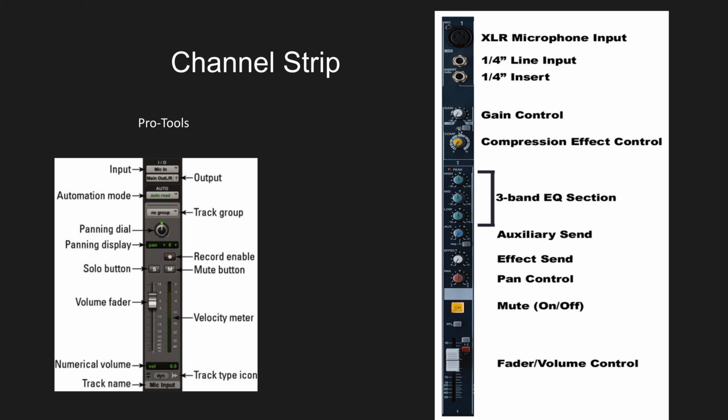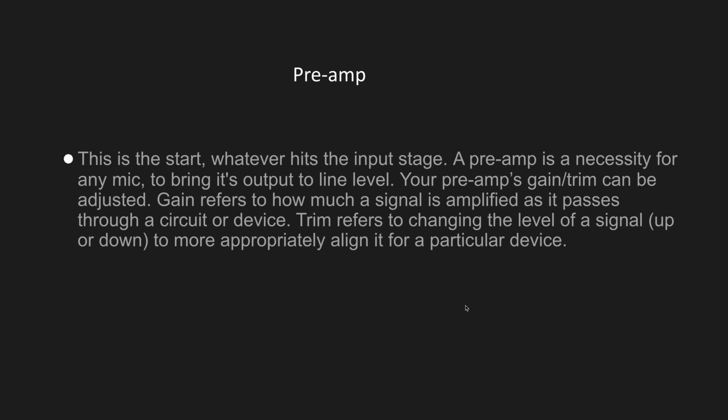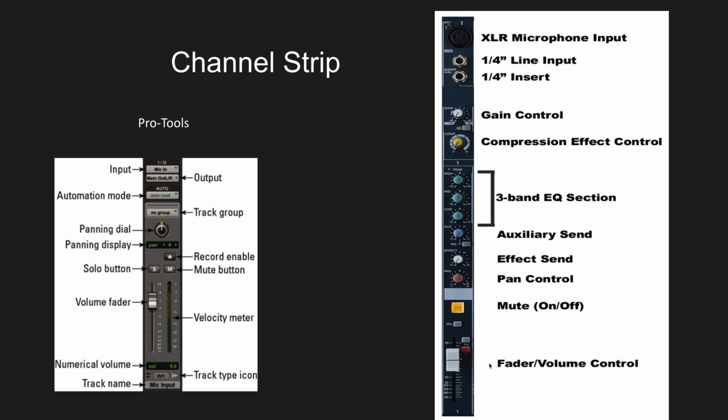This one's set at 80, so anything below 80 would be filtered out. You have your compression, just one knob compression, 3-band EQ, your auxiliary send, your effect send, and then your pan control. You have a mute. This stands for pre-fader listen. So if you click that, it basically bypasses the fader. And then you've got your fader, your volume control.